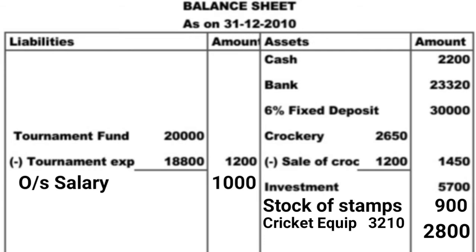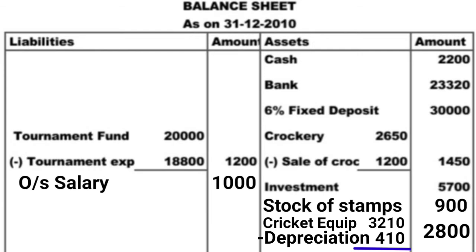Here the amount is a mismatch. Mismatch of rupees 410, right? Cricket equipment is a fixed asset. If any value is decreased from the value of equipment, that is depreciation. So here I will write depreciation. First, continue the previous balance and then update.